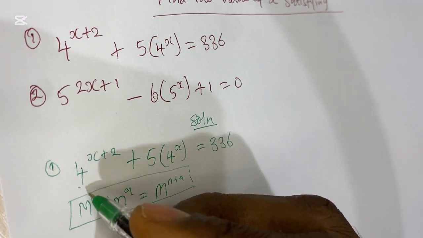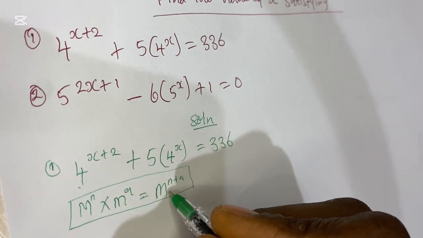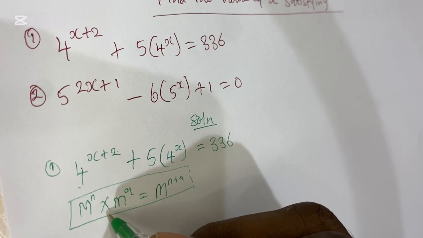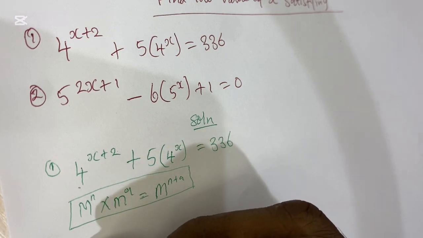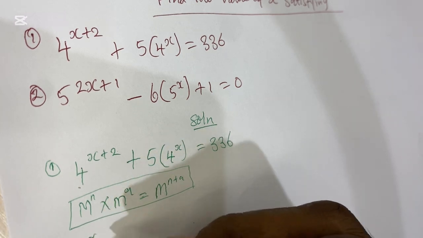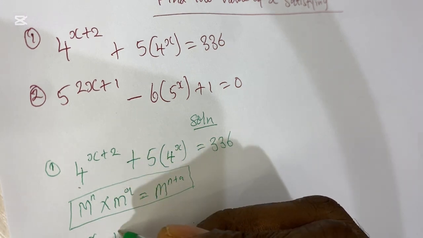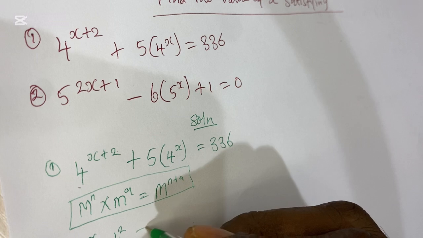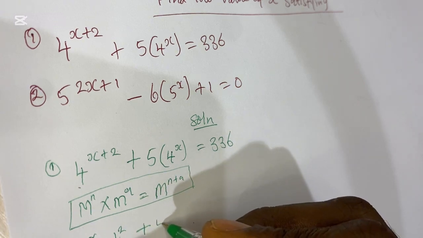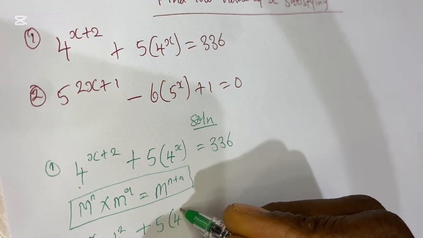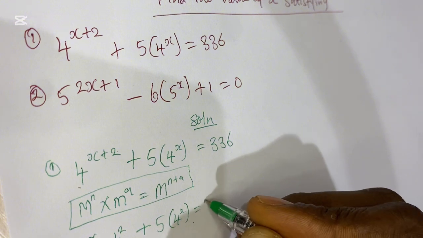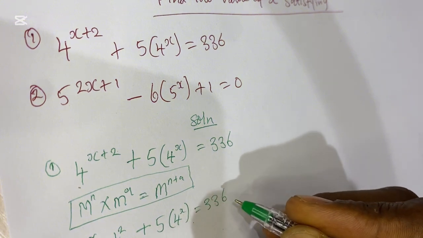So we apply this here. We now have 4 raised to power x times 4 raised to power 2. They are the same base. Plus 5 times 4 raised to power x equal to 336.